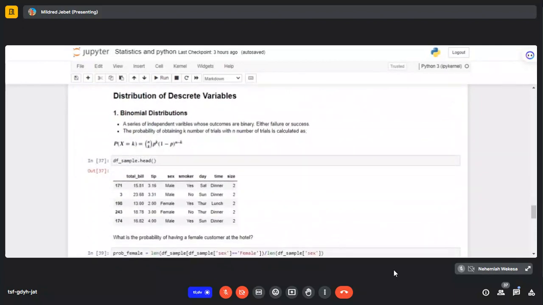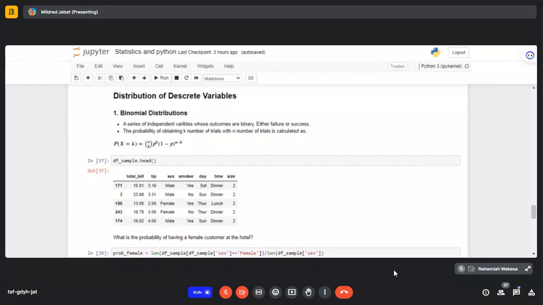Binomial distribution simply takes a series of independent trials whose outcomes are binary. We only have two values for the outcome. It's either a success or a failure, a head or a tail, true or false. It can either rain or not rain. We cannot have an intermediary there.